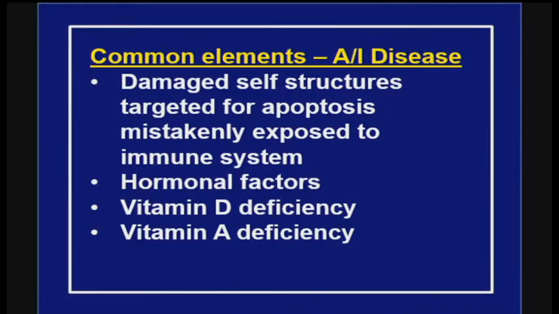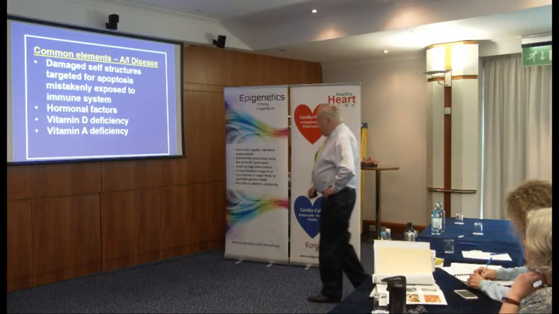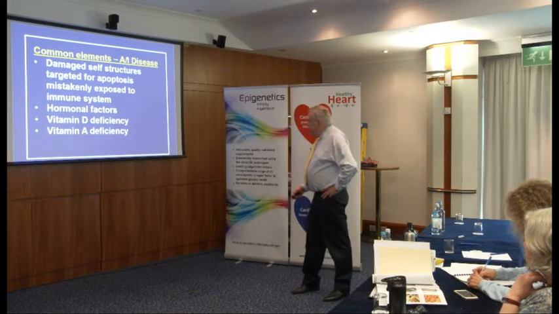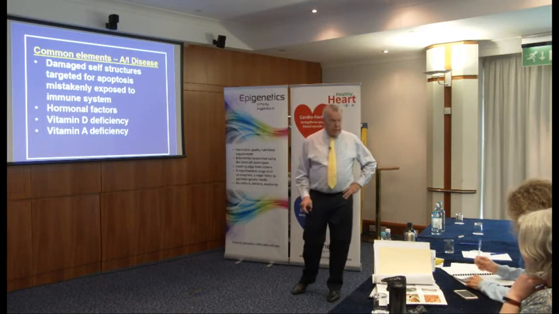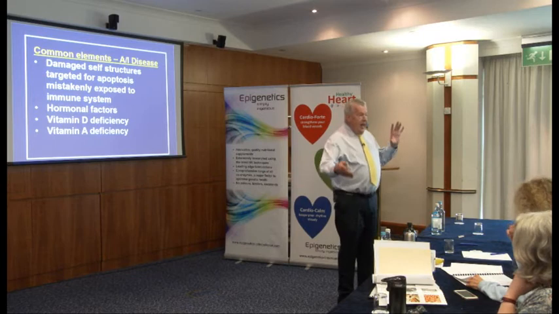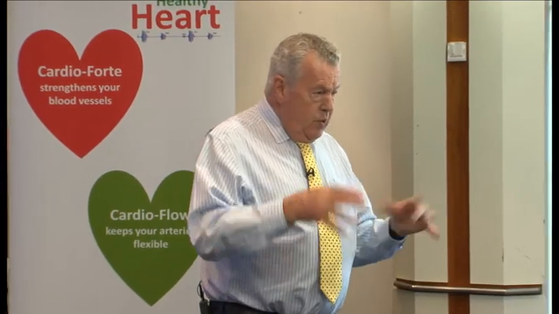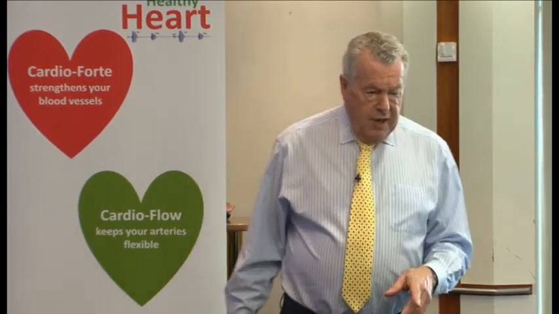Hormonal factors, certainly with the adrenals and thymus, we mentioned those. An underfunctioning adrenal cortex will lower cortisol production, which is anti-inflammatory. Vitamin D deficiency, as we'll see later, especially of the activated forms of vitamin D involved with the immune system, which would be the 24,25 vitamin D, as opposed to the 1,25, which is the calcium one.